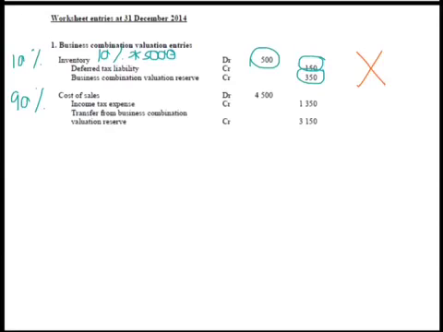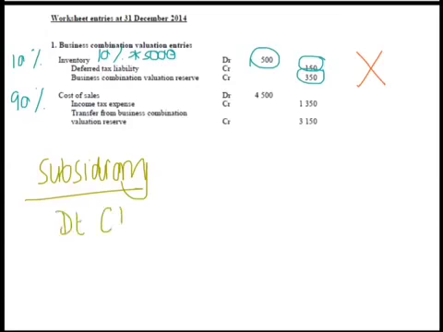With regards to the 90% inventory that was sold during the year, let's just first of all take a step back and think what the entry for selling inventory would be in the subsidiaries accounts. So the entry would be to debit cost of sales and credit inventory.